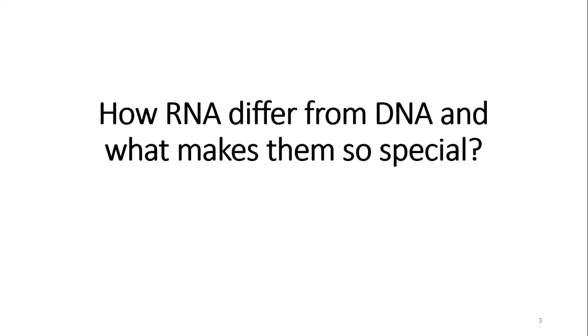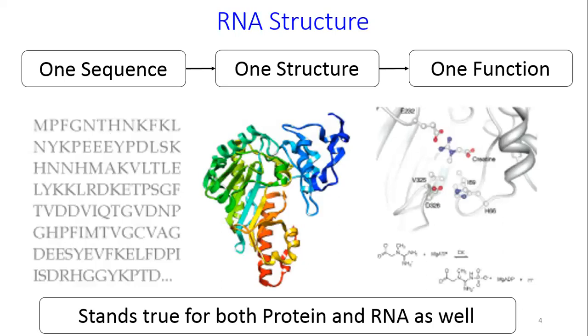Just to begin with, as you know, in the case of protein, one sequence usually leads to a unique structure, and this unique structure usually performs a unique function. Our objective is to focus on how similar things happen in RNA as well: how an RNA sequence helps it get one unique structure, and how that unique structure might help it gain a unique function.